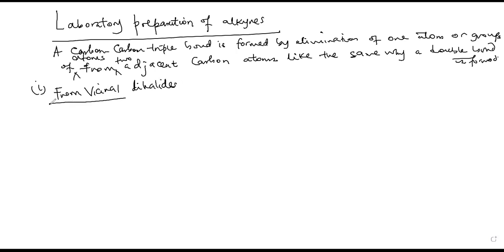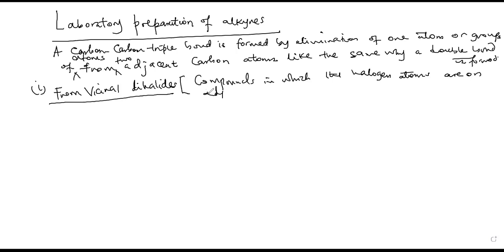When we say vicinal dihalides, one can define them as the compounds in which the halogen atoms are on adjacent carbon atoms.